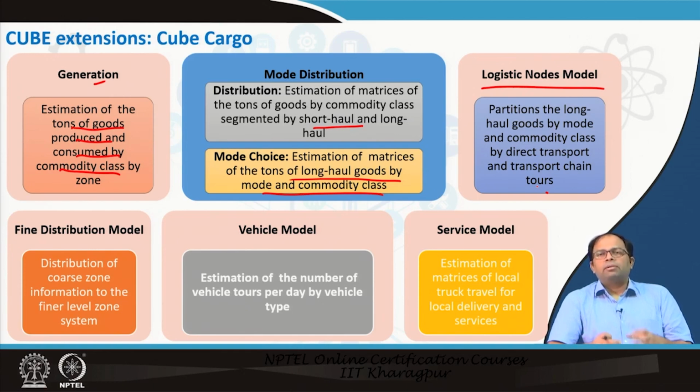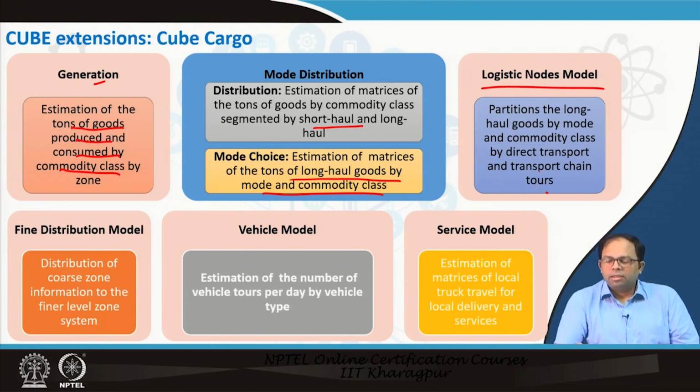My vehicle will go to the 4 distribution centers one after another. So that's a transport chain tour, and that has to be modeled. This cannot be modeled in the same way. Some are round trip tours, some are direct one-way trips. Each one has to be modeled accordingly, depending on what kind of logistic decision we undertake.